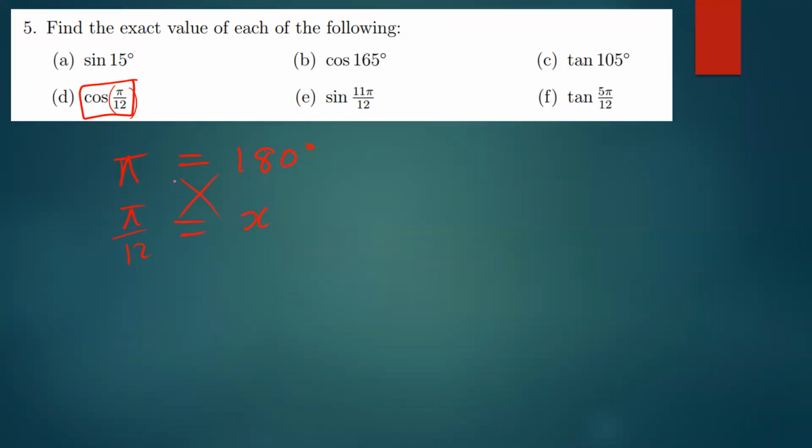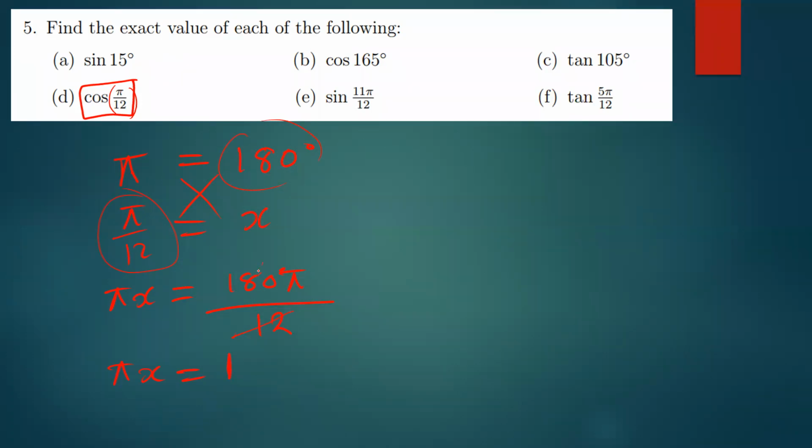When we cross multiply, we get pi x is equal to pi over 12 times 180. So we're going to get 180 degrees pi, everything over 12. When you divide 12 into 180, you can reduce it bit by bit. 12 can go into 18 once, with a remainder of 6.